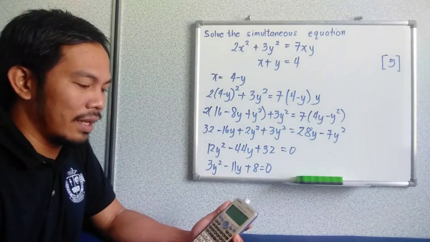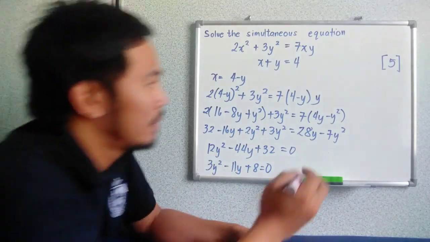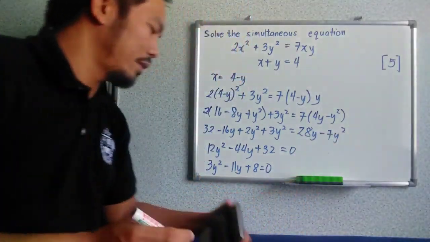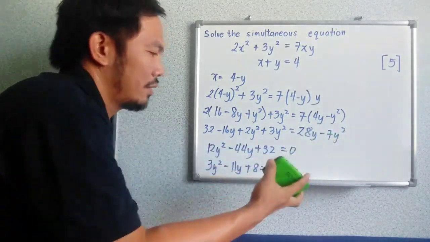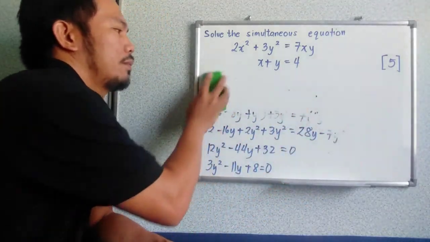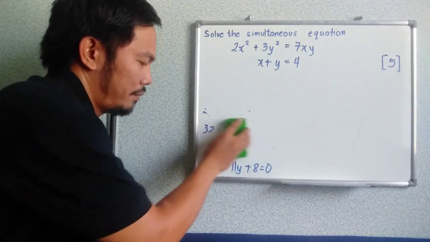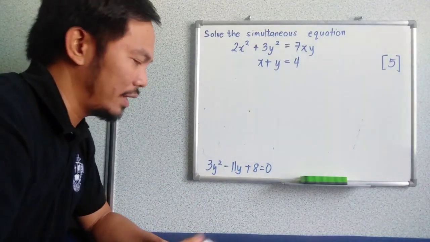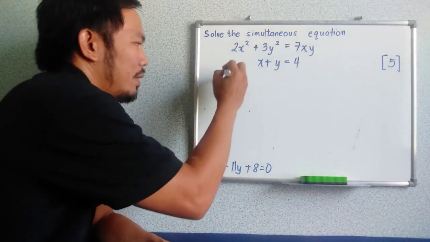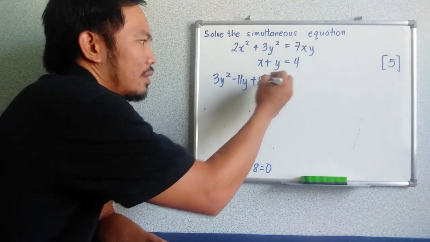Okay, so I'll get the values of y are 8 over 3, so it will become, okay, I'll erase this part now. We don't have enough space for the board. Okay, so I'll be left with this, 3y squared minus 11y plus 8 is equal to 0.